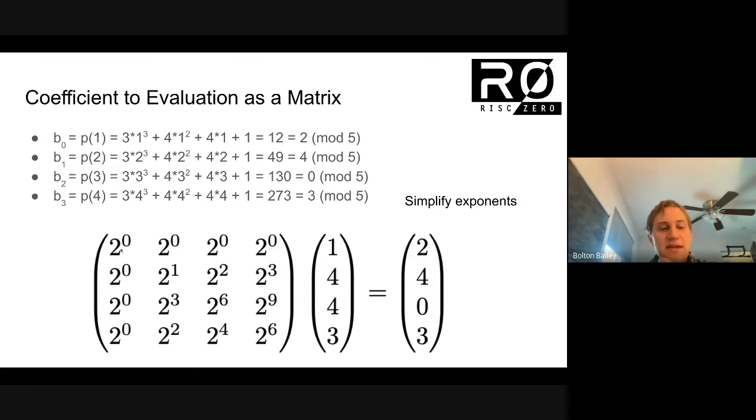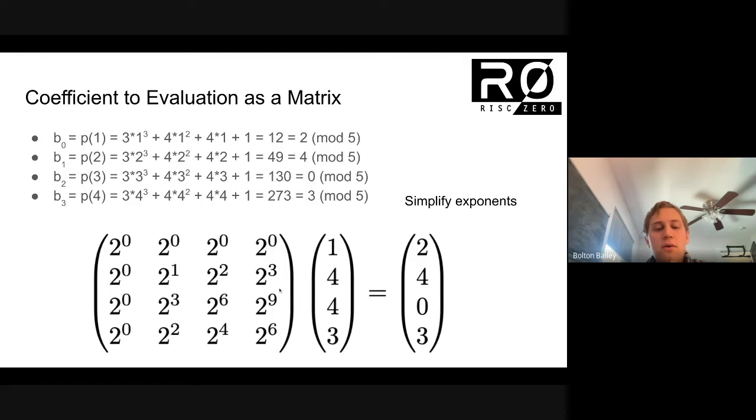So now not only do we have 2 to the 0 down the column, but we also have 2 to the 0 along the top here. And we have 1, 2, 3 here, and 2, 4, 6 here in the bottom row, and 3, 6, 9 in this middle row here.